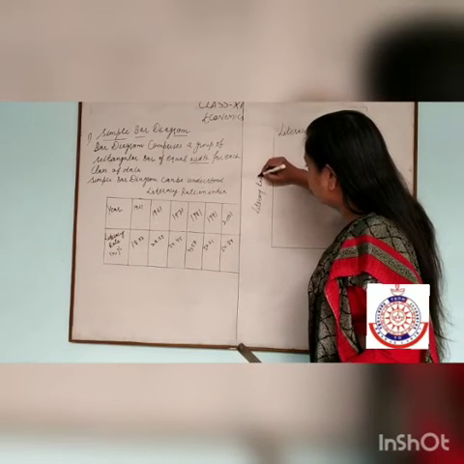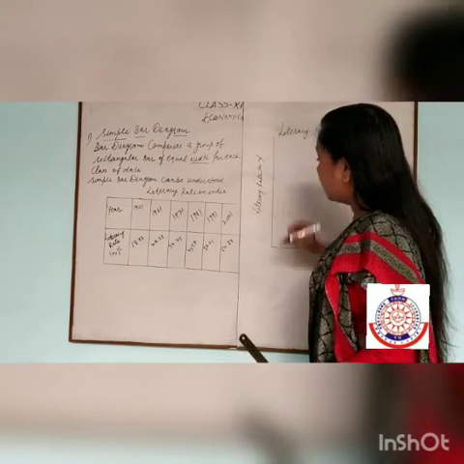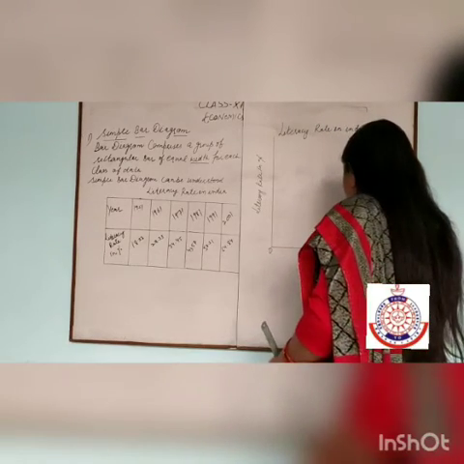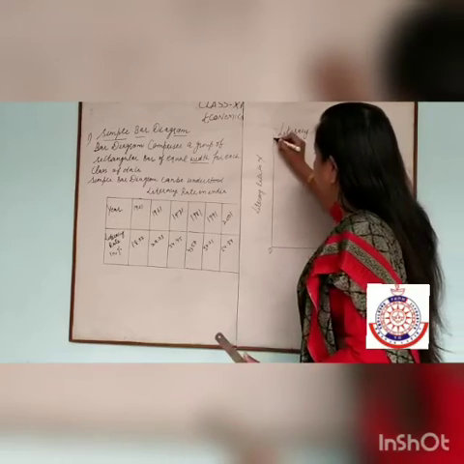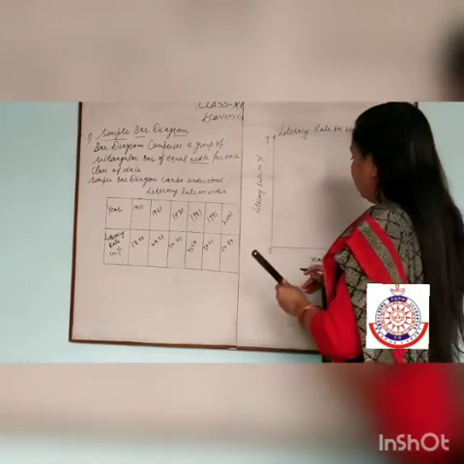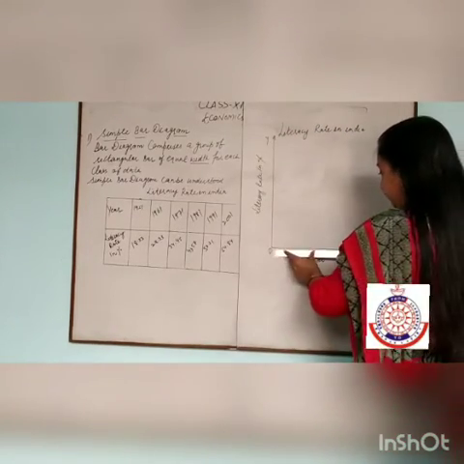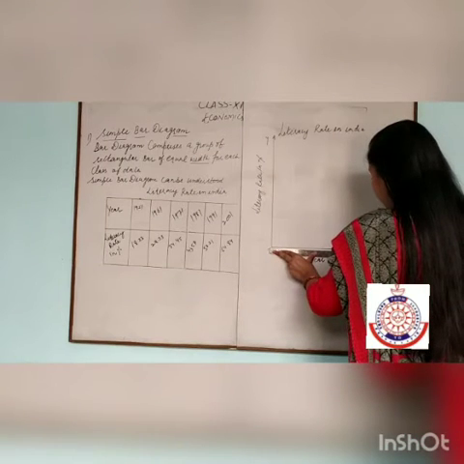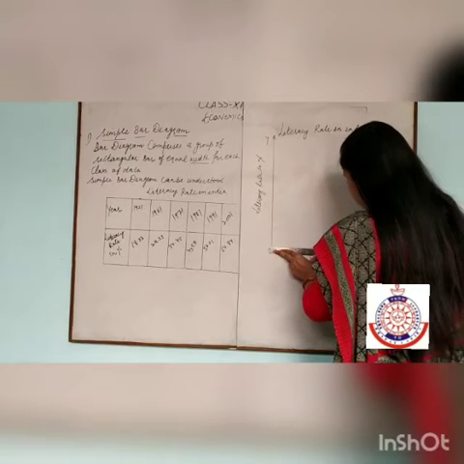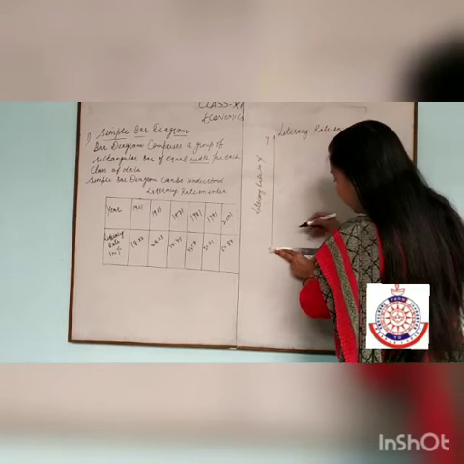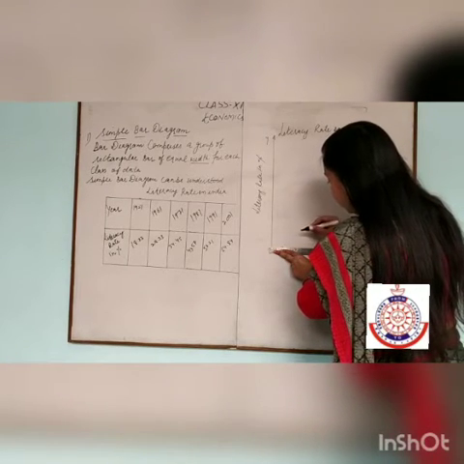And on OX axis we will show years, taking equal distance for the different bars.